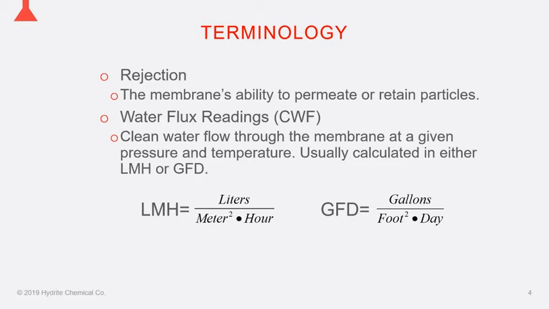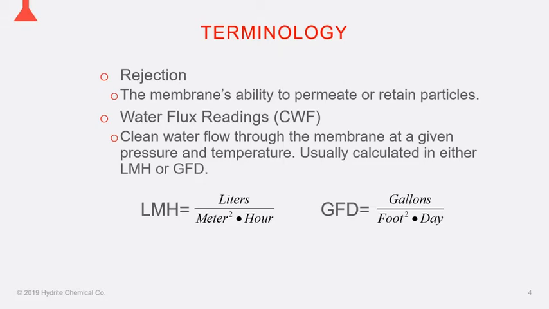When we talk about clean water flux, what is that? Essentially, at the end of a CIP, we're reviewing the capability of that membrane system to pass water through the system, and then we measure it. Two typical ways of doing that.